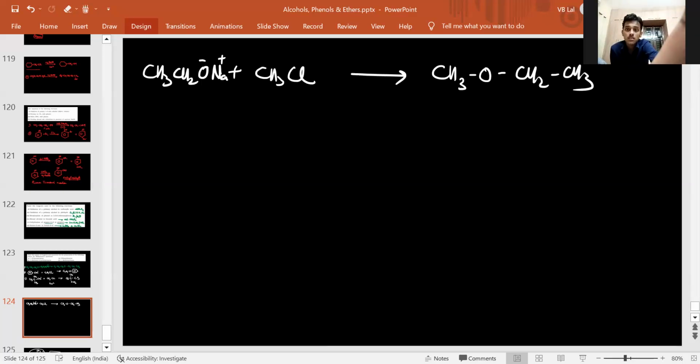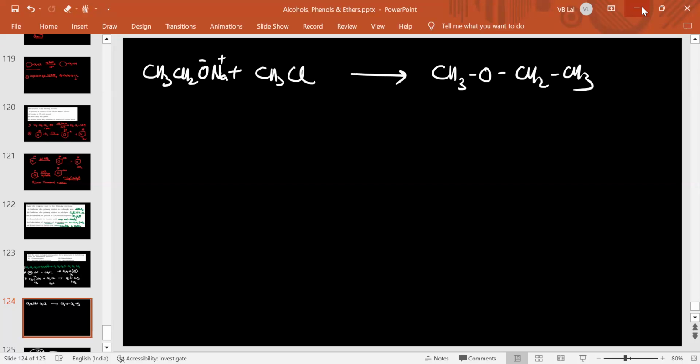Miss, in SN2 reaction, will tertiary alcohols have less steric hindrance? What is it? I didn't get you. In SN2 reaction, reactivity is directly proportional to less steric hindrance. Among primary alkyl halides, the one which has no bulky groups present will have less steric hindrance.